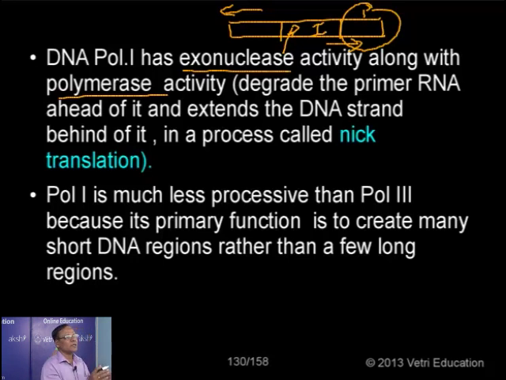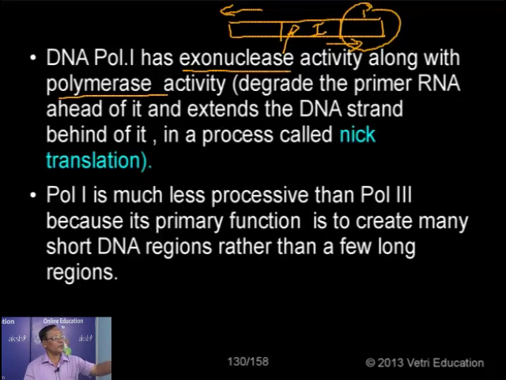So a single enzyme has dual functions here. It degrades the RNA primer, the one ahead of it, anterior to it. At the same time, it adds nucleotides to the growing DNA strand behind it.